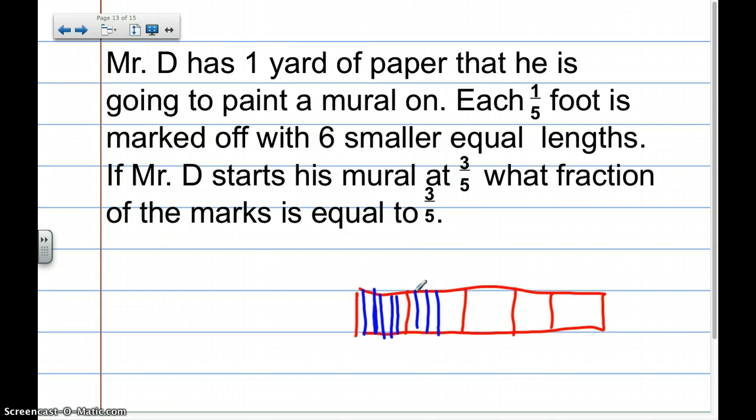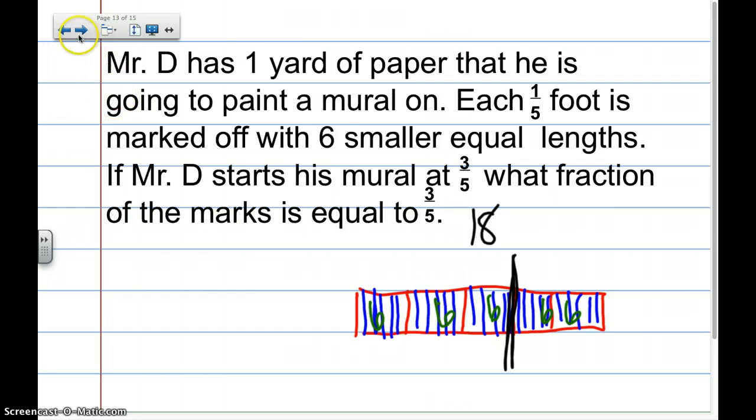So I'm going to write on there that this has 6 smaller pieces, 6, 6, 6, and 6. If Mr. D does 3/5 right here, how many smaller pieces are there? Well, there are 18 smaller pieces.